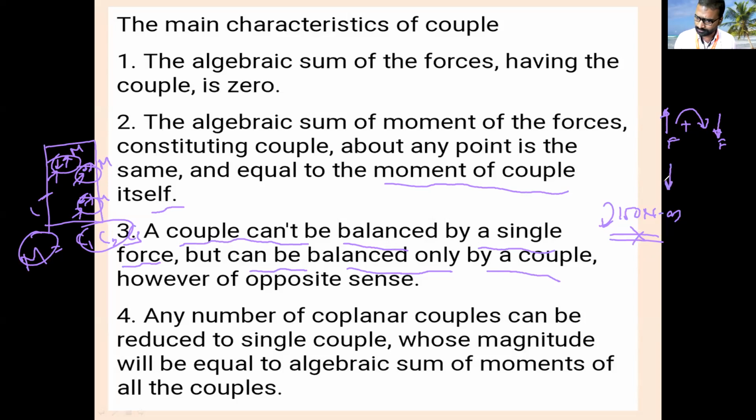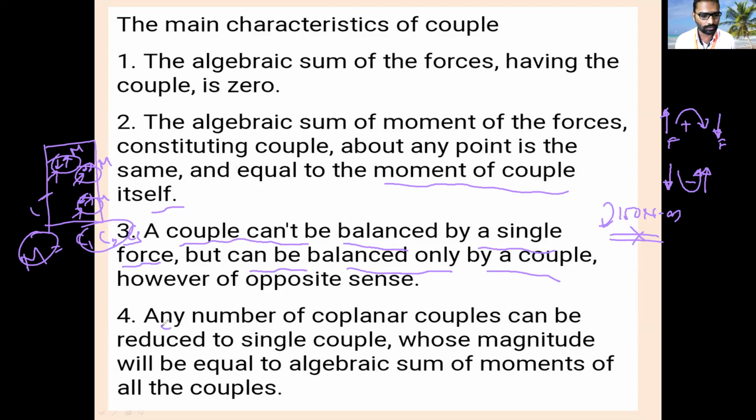I have to take an anti-clockwise couple, another force in the opposite direction, that is anti-clockwise. Then only it will get balanced. Balance means you have to make it 0. Here it is clockwise, so you have to apply two more forces in the anti-clockwise direction. Then only the couple will become balanced.